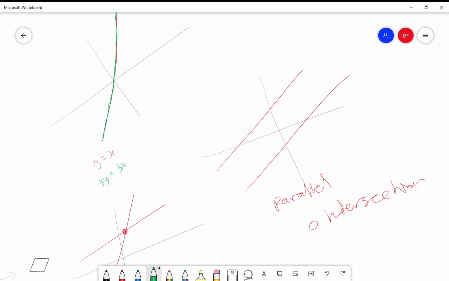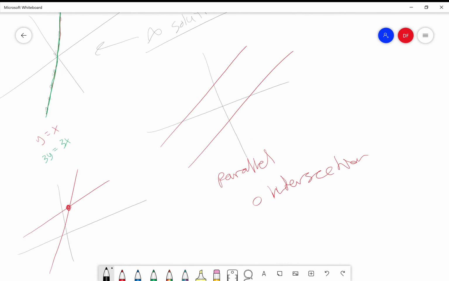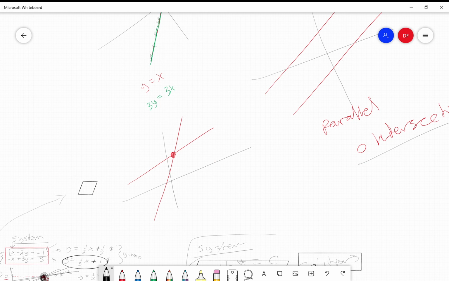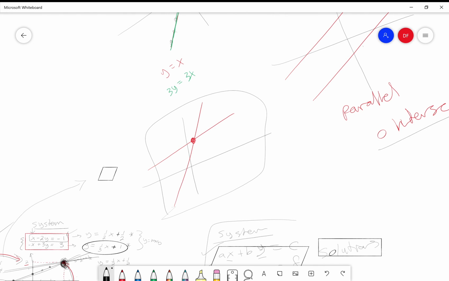Okay, so in this case, I have how many intersections? Everywhere. Everywhere is an intersection, right? So I will have infinite solutions. Or I could have a situation like this where I will have zero solutions. Or I can have a situation like this where there is exactly one solution.